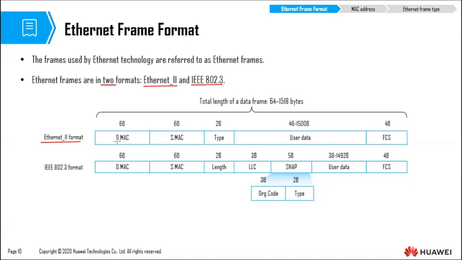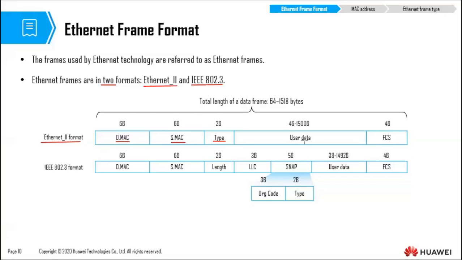The first field here is the destination MAC address. Then we have the source MAC address. Then we have the type field. The type field performs a similar function to the protocol field in the IP header. The type field specifies the next protocol to which we are going to hand over this frame at the next layer. It can be IP or ARP, the upper layer protocols. Are we together? That is what the type field stores.